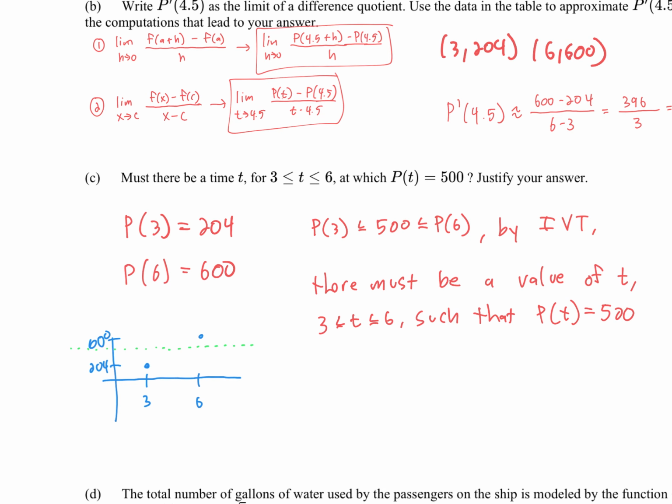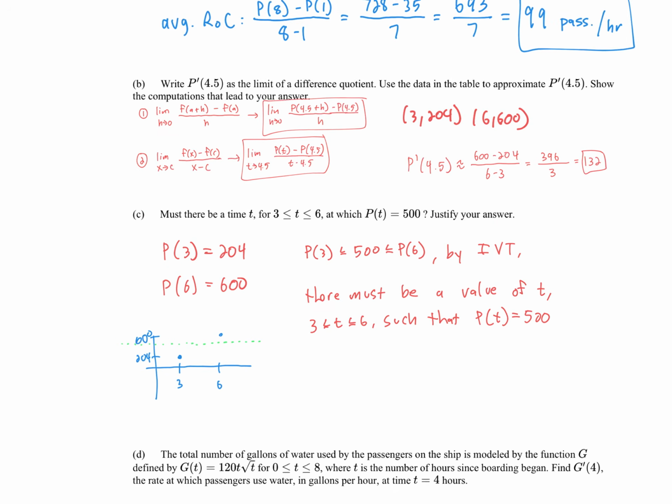There's the line that's 500, right? So if this function's continuous, we'll figure that in a second, it has to cross this line at 500 at some point. In order to get from this point to this point, it's got to cross over 500. So the function at some point, since it's continuous, has to equal 500. And that's what the intermediate value theorem is.